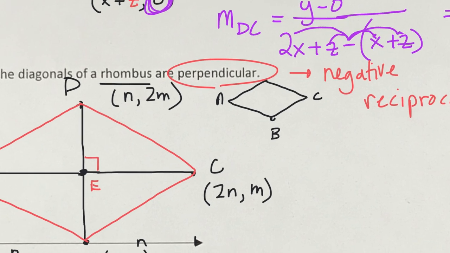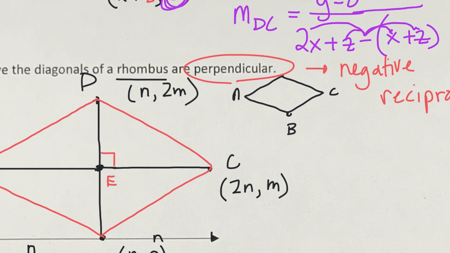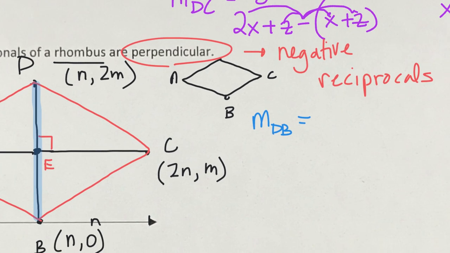Okay, so we're going to find some slopes once again. So let's start with our diagonal DB. What is the slope from D to B? Well, y minus y over x minus x. So we have 2m as the y coordinate minus 0 as the y coordinate.